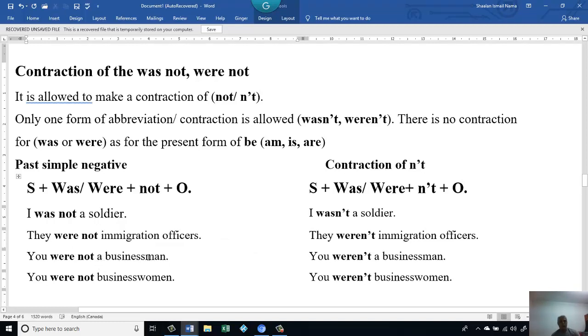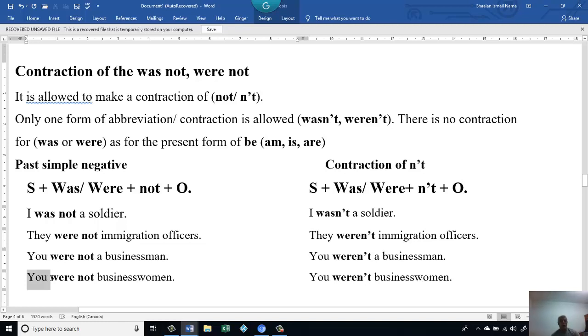And also if you look at the man, here man is only for one person. Then we know this you is an indication that we're talking to only one person. Then we say you were not a businessman. To make a negative contraction, you weren't a businessman. But if we look here, it's the same you, but this is speaking to a group of people.